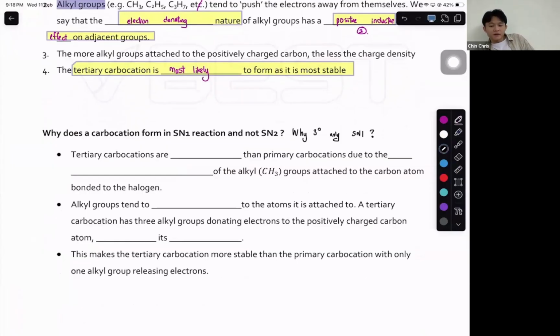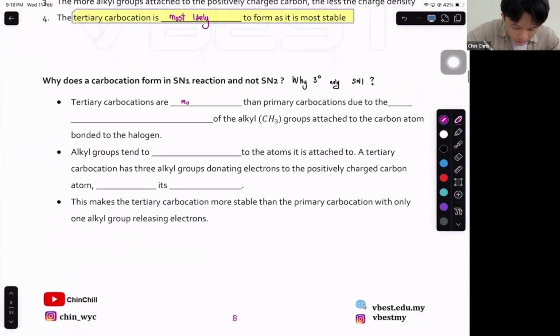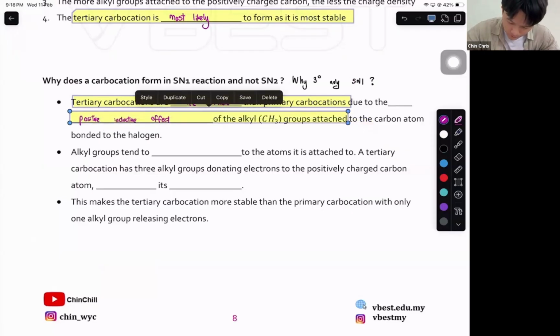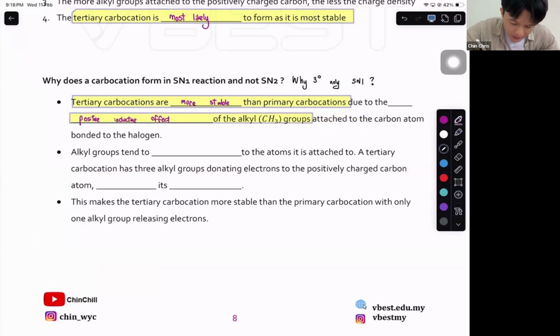So I can say that tertiary carbocations are more stable than either secondary or primary. That will score you 1 mark already. Due to the positive inductive effect, that is the second mark.